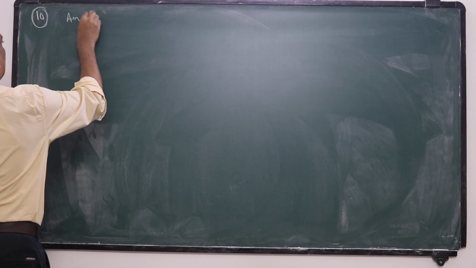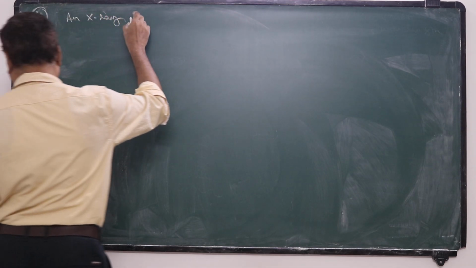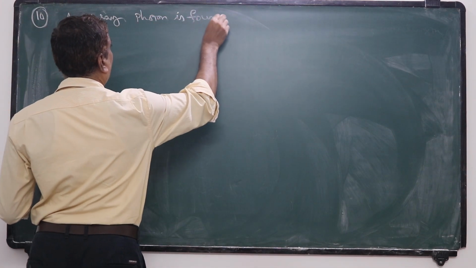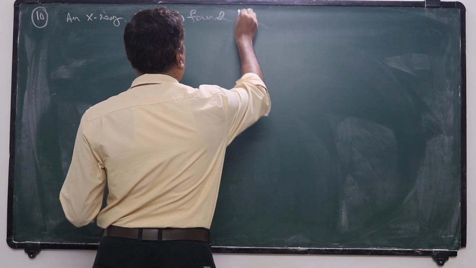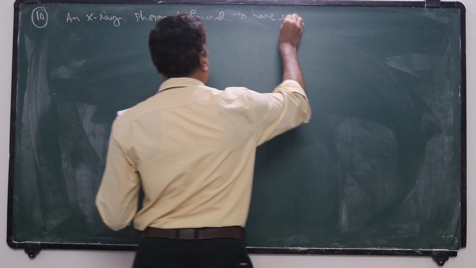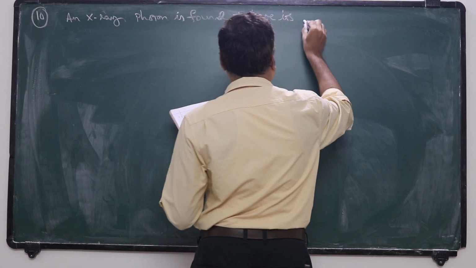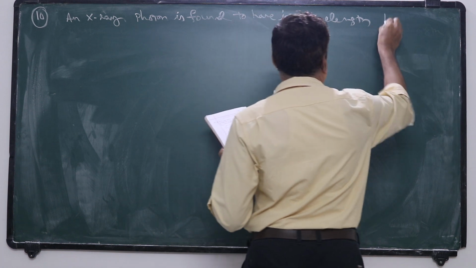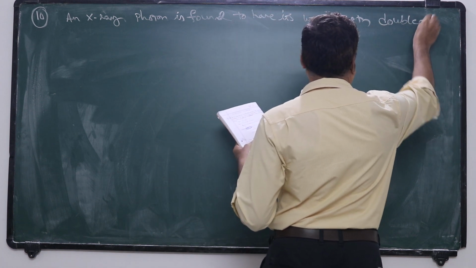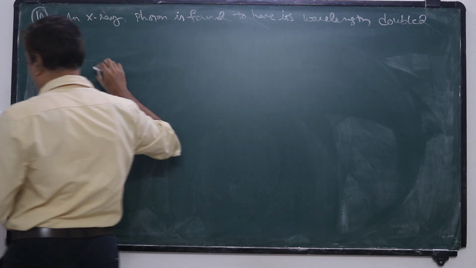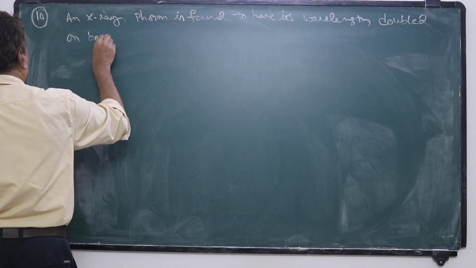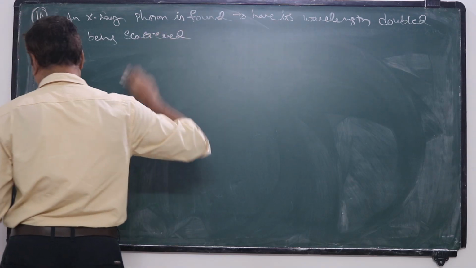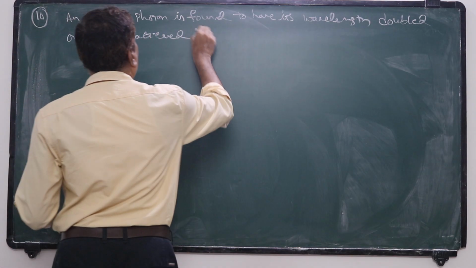Next one, an X-ray photon is found to have its wavelength doubled on being scattered through 90 degree.